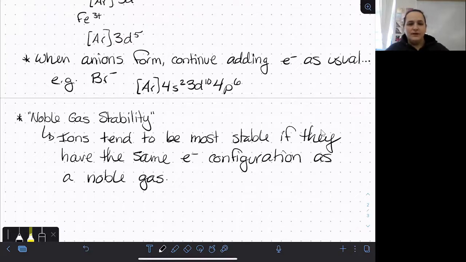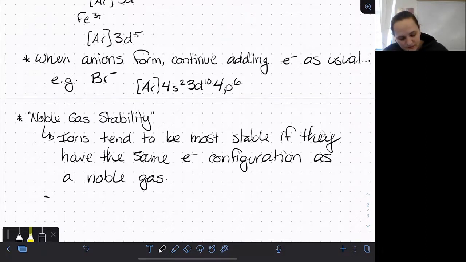So I mentioned in the previous video that noble gases are particularly stable. They don't really react to anything. So if you create something that has the same electron configuration as a noble gas, it's also going to be pretty stable.